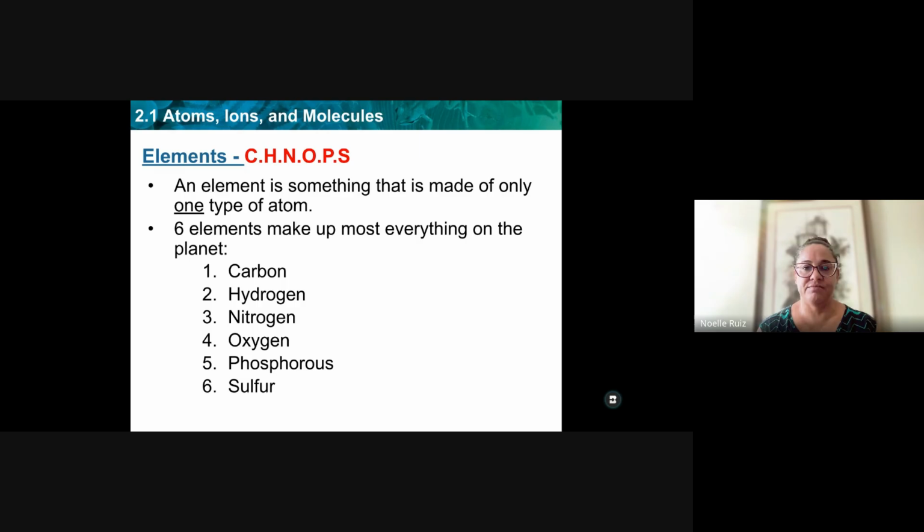We are made up of something like 96% of just these 6 elements bonded together in different ways. And we abbreviate that CHNOPS. That's why it's at the top in red. It's called an acronym to help us remember what we're made of. So we are made of CHNOPS: carbon, hydrogen, nitrogen, oxygen, phosphorus, and sulfur.